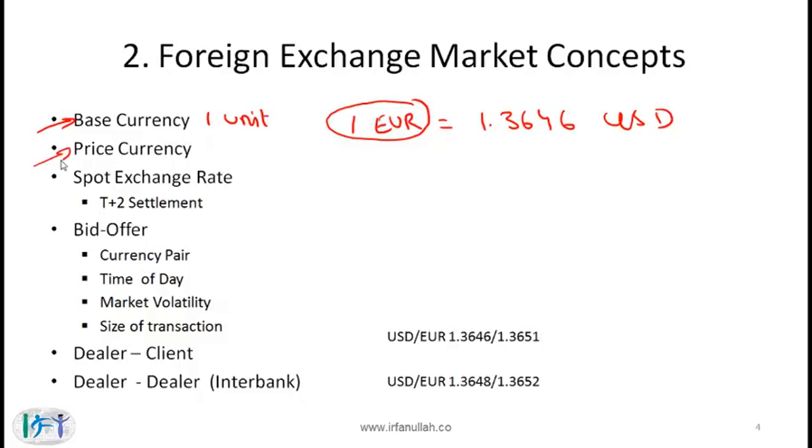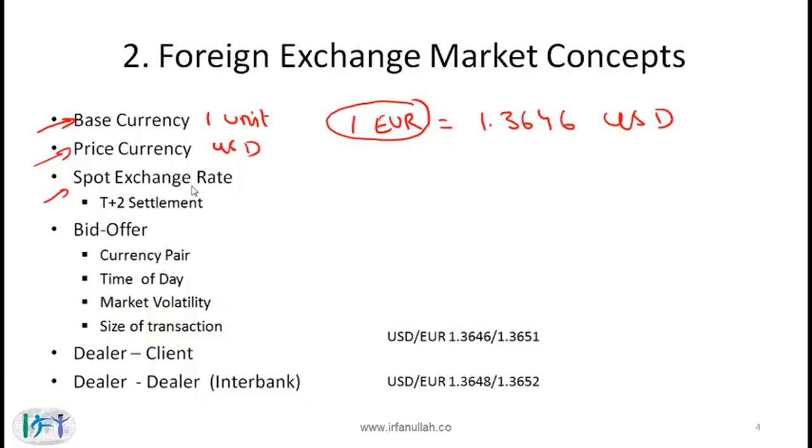The other currency then is the price currency. In this example, US dollar is the price currency. So essentially what we are saying is the price of 1 euro is 1.3646 US dollars.